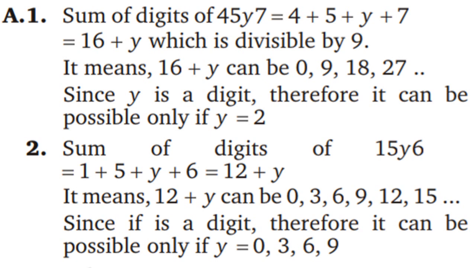So it means 12 plus y can be 0, 3, 6, 9, 12, 15, etc. Now since y is a digit, therefore it can be possible only if y equals 0, 3, 6 और 9. So यहाँ पर ऑप्शन में आपको 1, 7, 3 and 2 दिया हुआ है. So our answer is 3. So C option is correct.